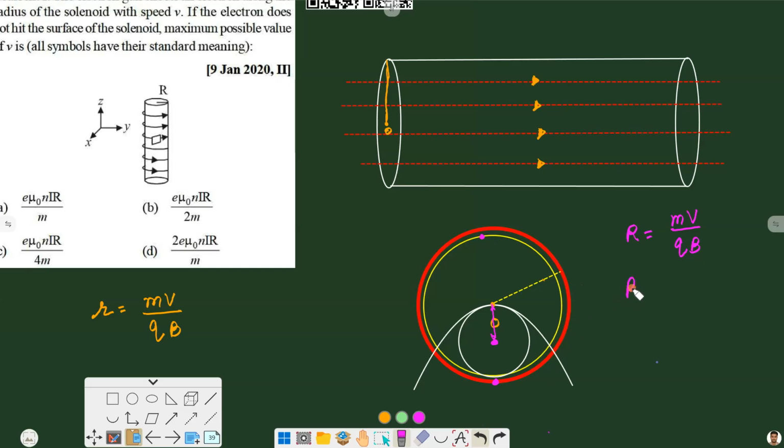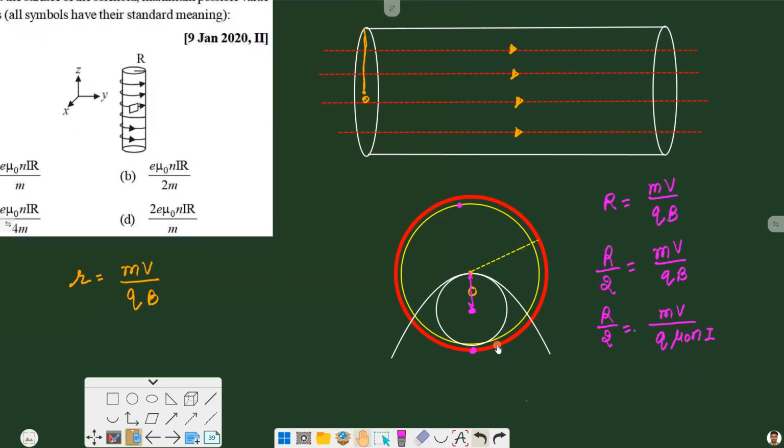And for that, r/2 is equal to mv/qB. And from this, we know the value of B for a solenoid is mu naught n I. So r/2 is equal to mv/(q mu naught n I).